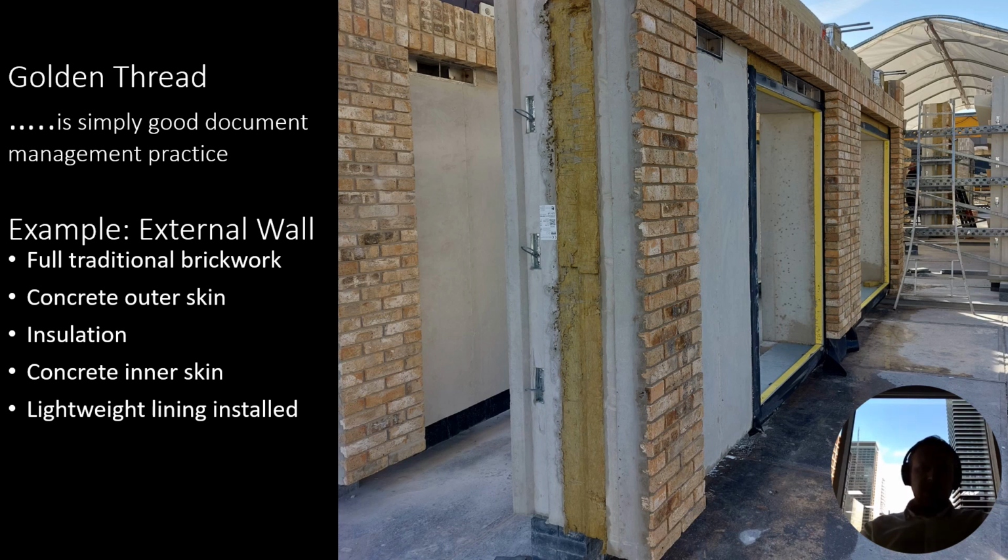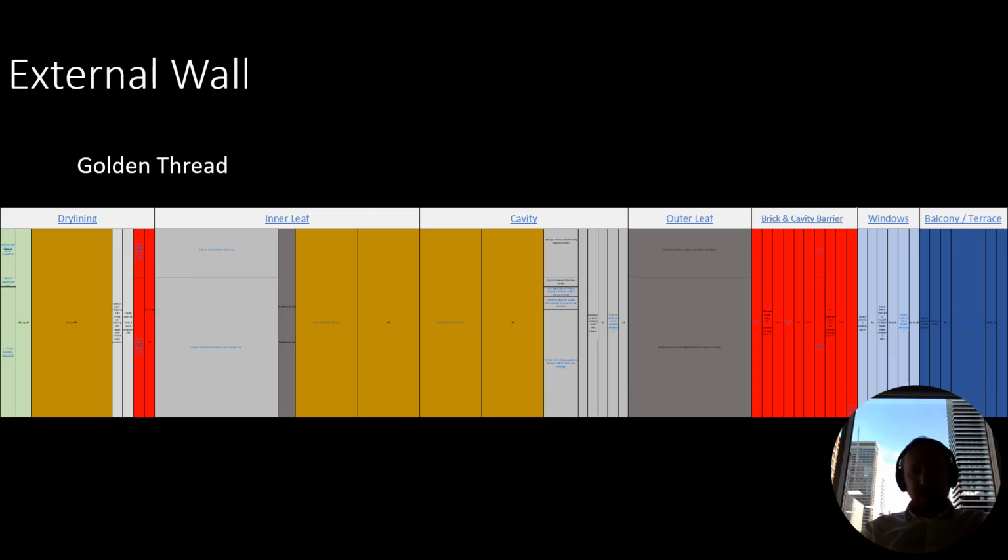So this comprises traditional brickwork on the outside, a layer of concrete, two layers of insulation, another layer of concrete, and then what's not shown here is another layer of insulation, then a lightweight construction on the inside. So crudely illustrated, that is the build-up shown here.